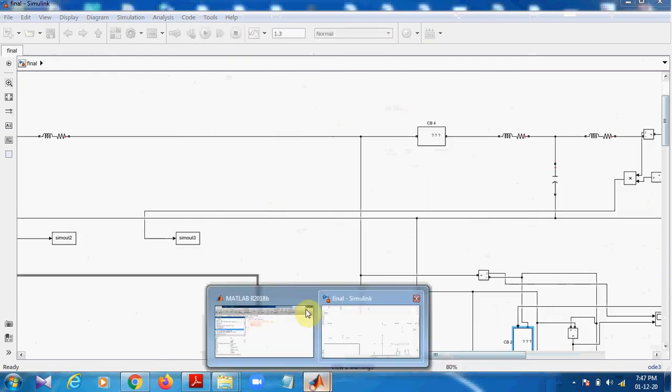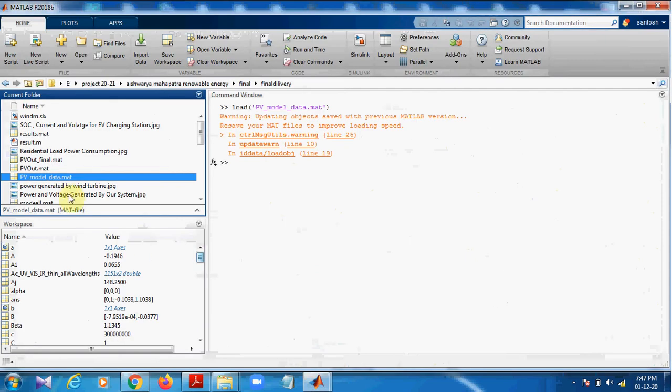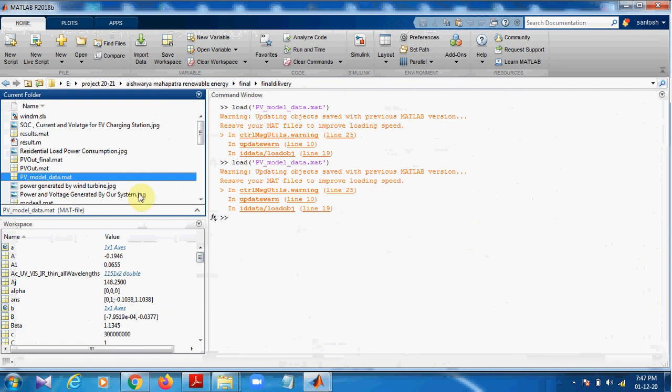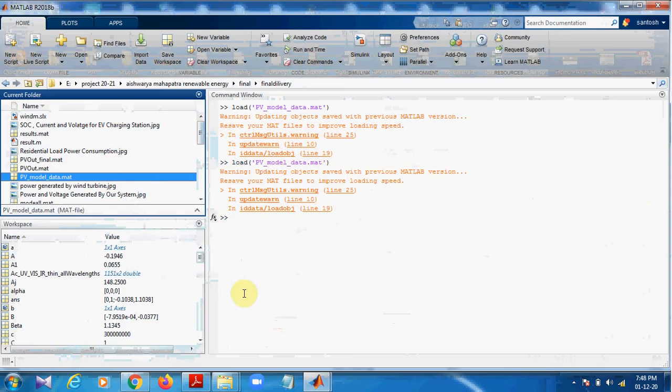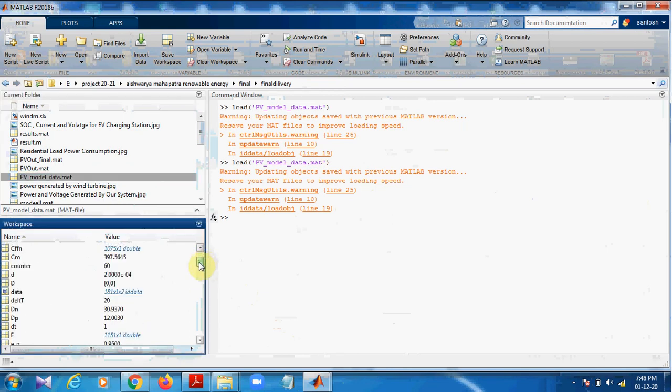Initially, before starting the system, we have to load some simulation properties over here. So we'll load the PV model characteristics here. These PV model characteristics are given as an input to the system. This PV model data has various characteristics like alpha, beta, different values.